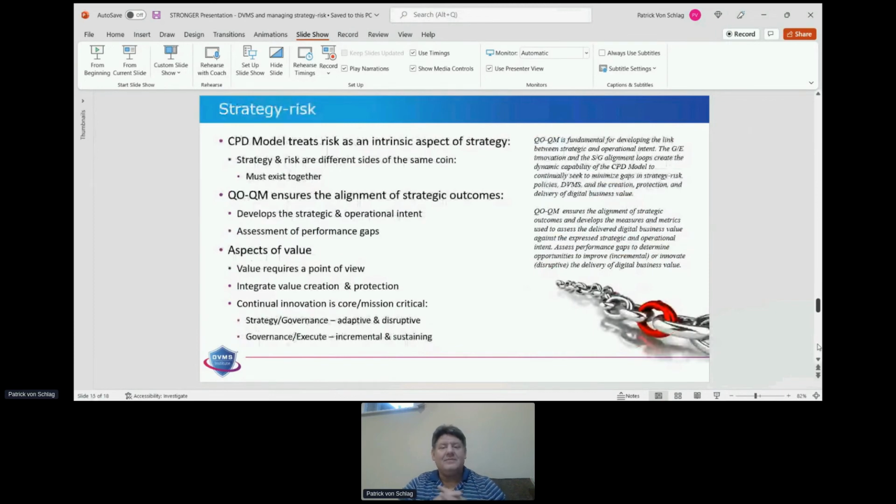So again, the fundamental principle that we're talking to here is grounded in this idea that strategy and risks are not exclusive. Many boards of directors, many senior governing bodies treat these as separate flows. Right? I have a set of organizational strategies.